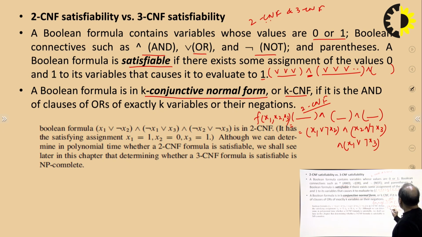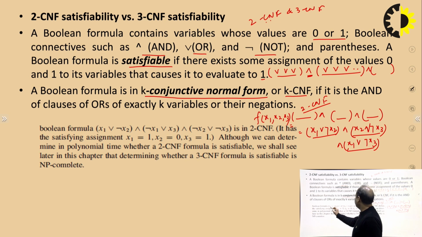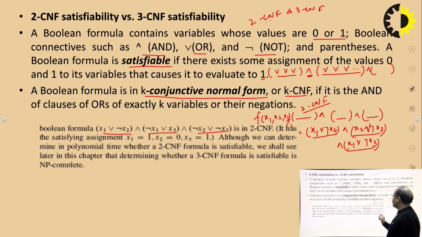Suppose so, this formula is in 2CNF. The question is, we have three variables, and this is in 2CNF, and we are going to check: can we assign some values to x1, x2 and x3 so that its answer evaluates to 1?